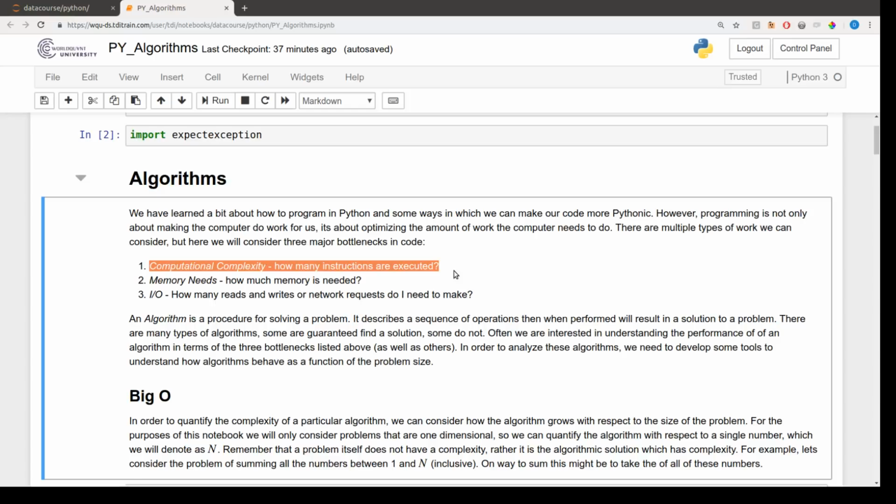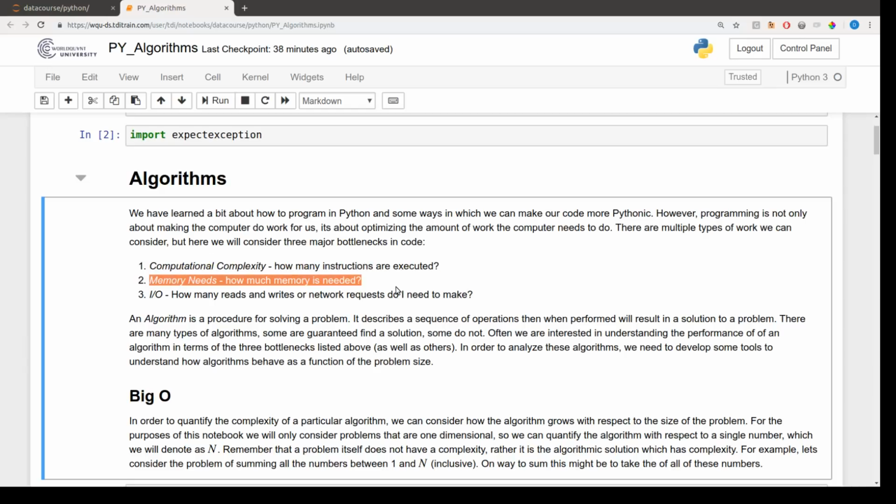For most tasks, we want it to take seconds or milliseconds or even microseconds. So one thing we'll consider as we analyze different algorithms is how does the number of instructions we need to execute grow as the size of our input grows.